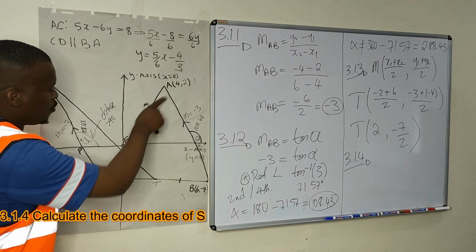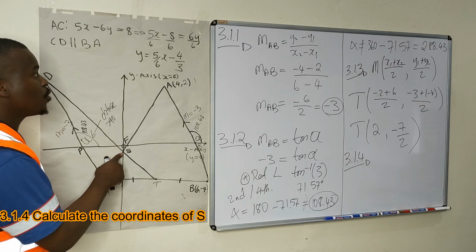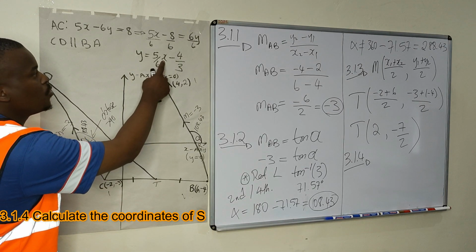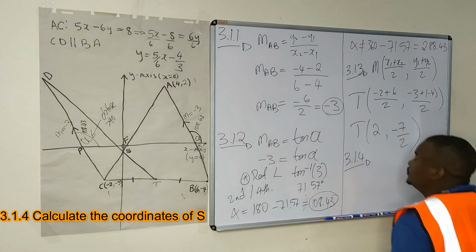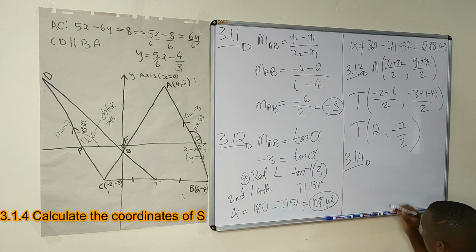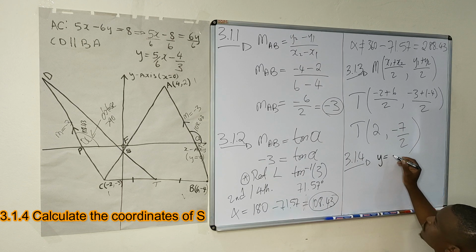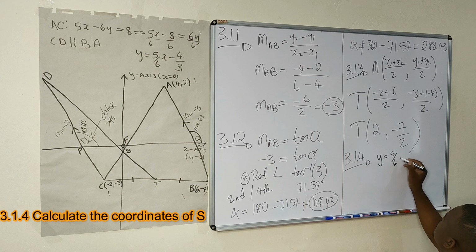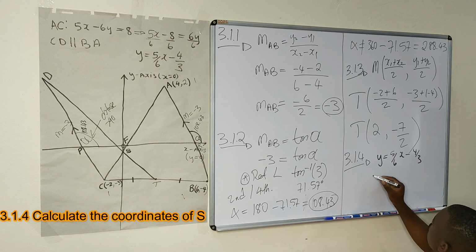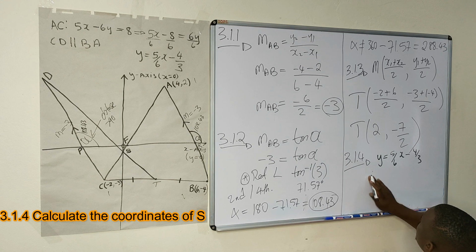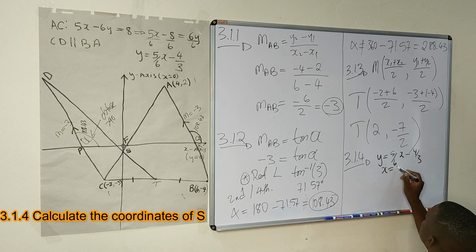We know x is 0 on the y-axis. So we're going to substitute the value that we know there to find its corresponding y value. So we have y is equal to 5 over 6x minus 4 over 3, but we know that x is equal to 0 there.